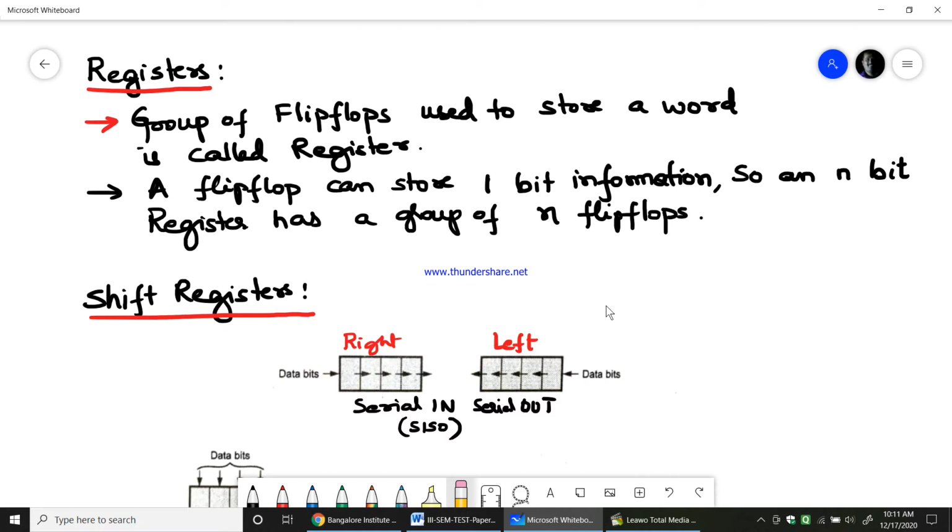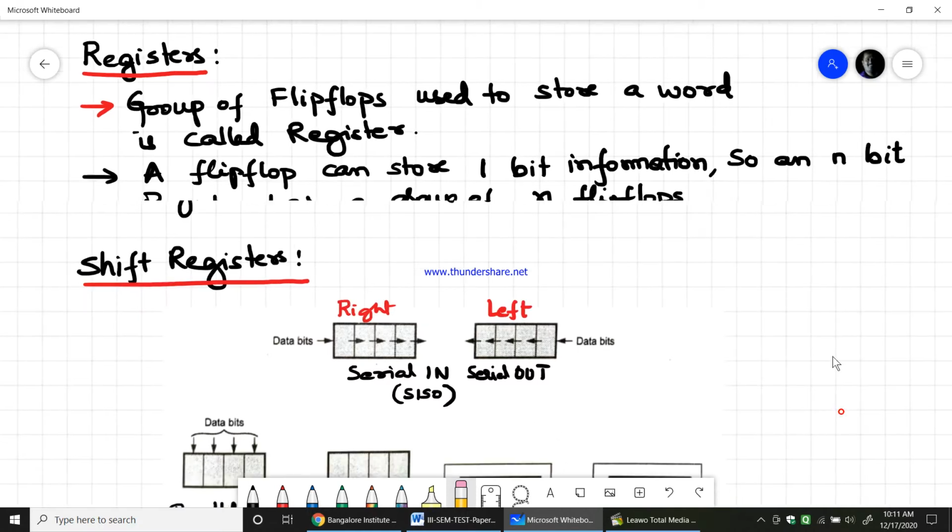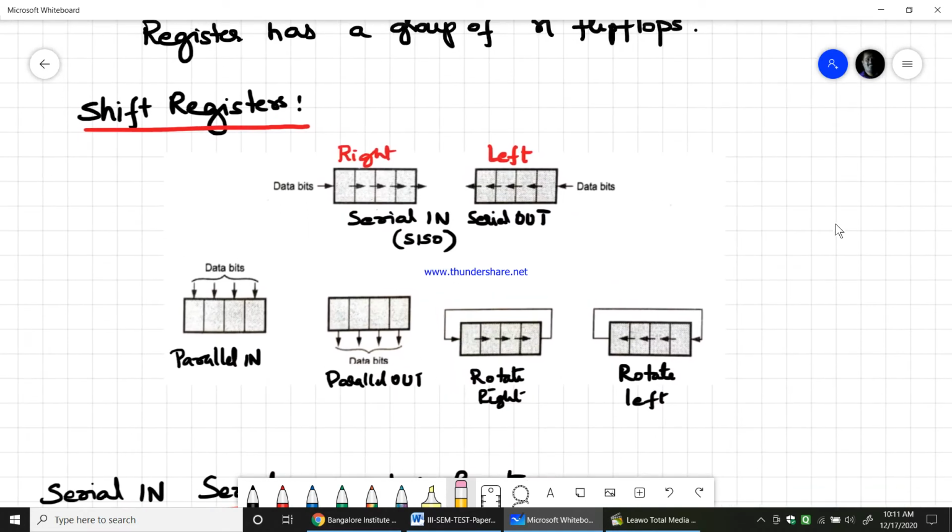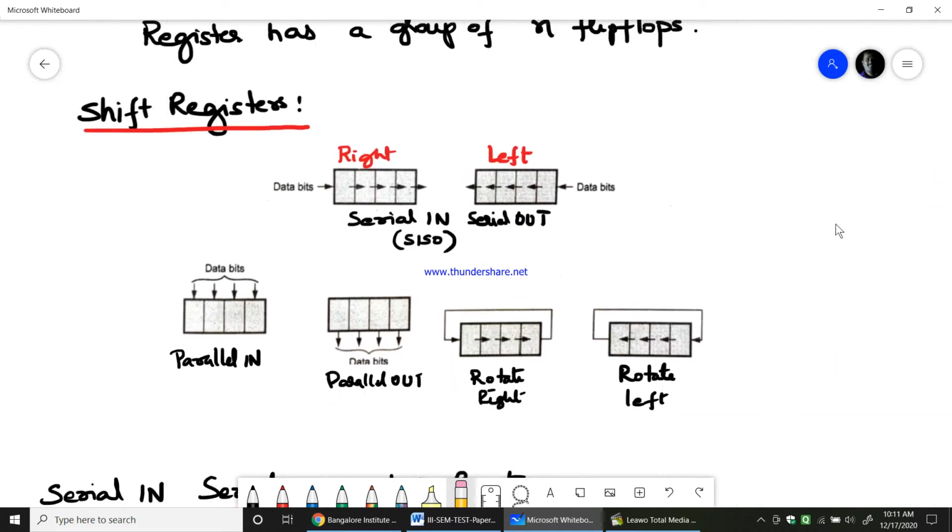Now if you look into registers, we normally use registers as shift registers. On the screen you can see various types of shift registers. Normally we will work on these: SISO, SIPO, PISO and PIPO.